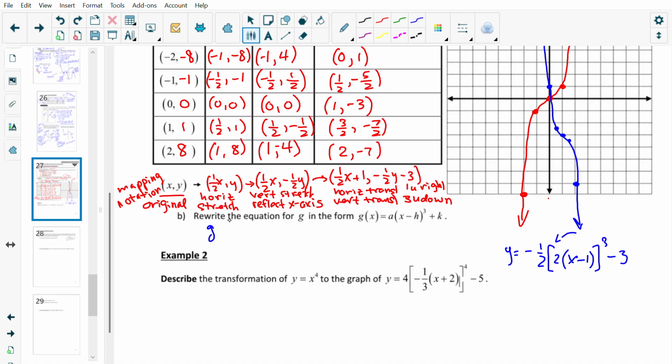So I have g of x equals negative 1/2 [2(x minus 1)] cubed minus 3. That's negative 1/2 times, I'm going to cube the 2, so that's 8, times, I'll leave the cube exponent 3 on the x minus 1, minus 3. And I have negative 4 (x minus 1) cubed minus 3.